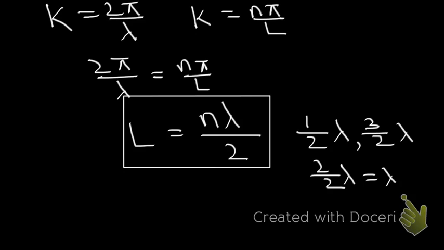If you look at this expression, it is the same as a standing wave in classical mechanics. The distinction between the classical wave and the quantum wave is that classical waves do not have quantized energies. Okay, so that's it for this problem.